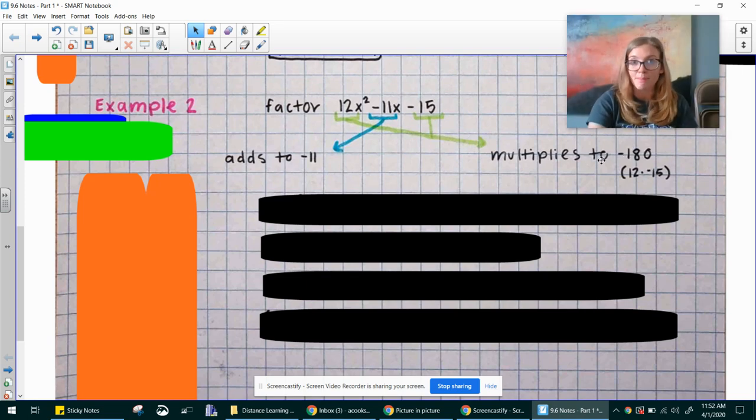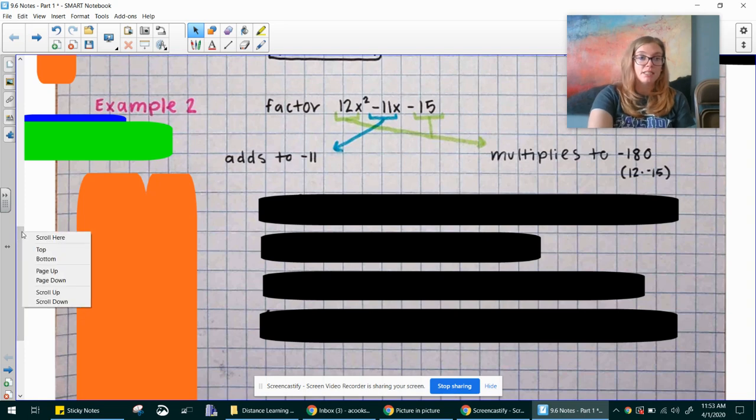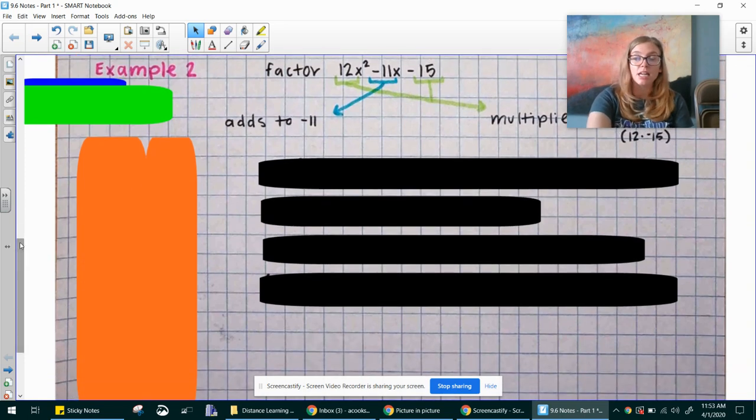One of the things that makes problems like this so tricky is that our multiplying number can get really big. So that means we have a lot of magic numbers that we have to look at before we pick the right one. So let's look at my magic number list. Because 180 is negative, we have to show a lot of different pairs to show all the options for negative numbers.